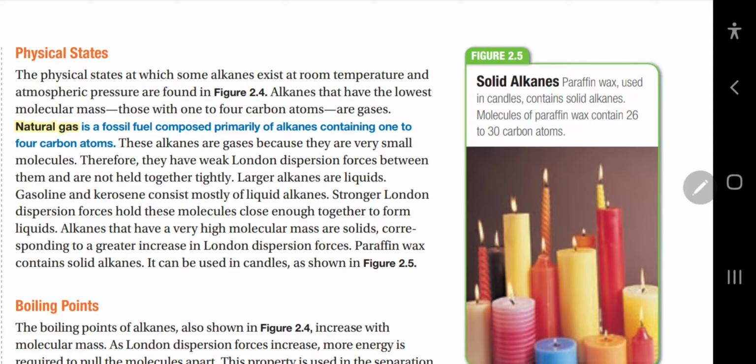So a mixture of those four compounds is considered to be natural gas. These alkanes are gases because they are very small molecules, as we said, and they have weak London dispersion forces between them and are not held together tightly as the larger alkanes are.